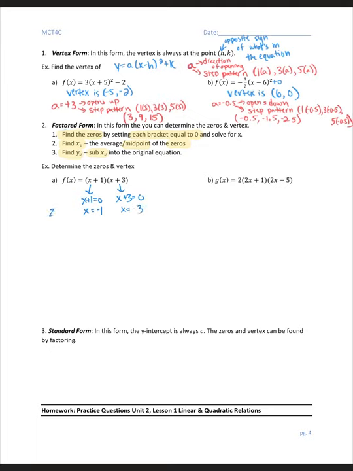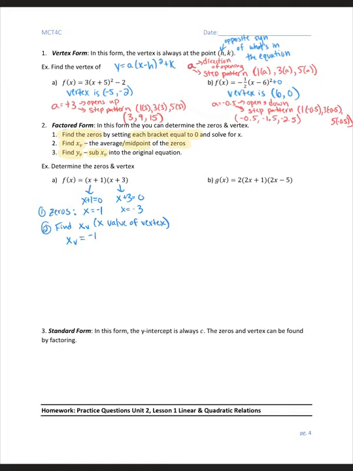So these are our zeros. So that's step 1. Step 2, we're going to find our x of our vertex. So this is our x value of the vertex. Okay, and the way we do that is by averaging our zeros.